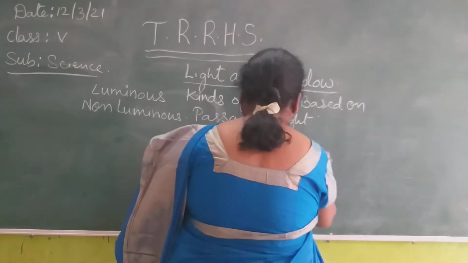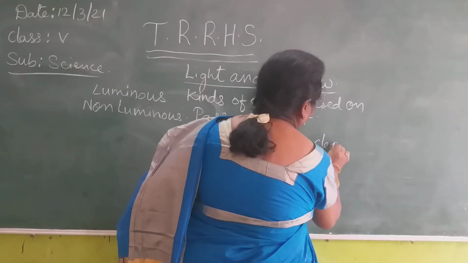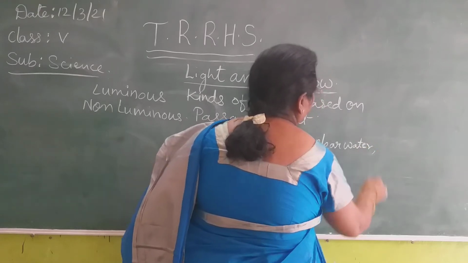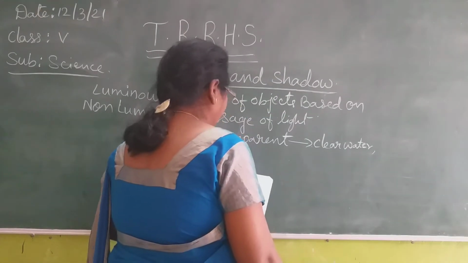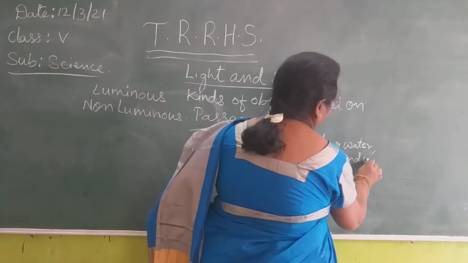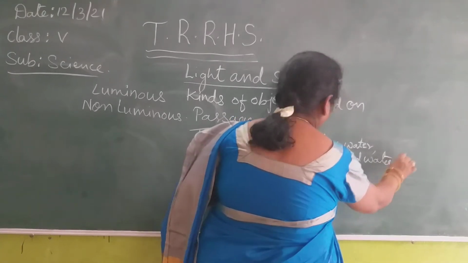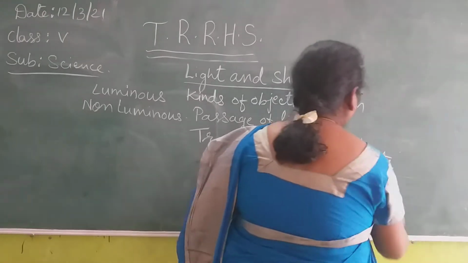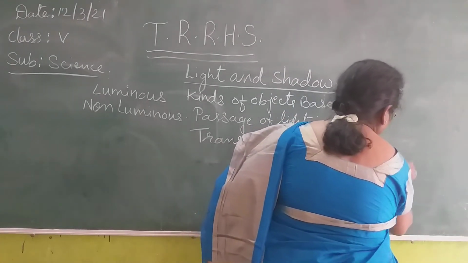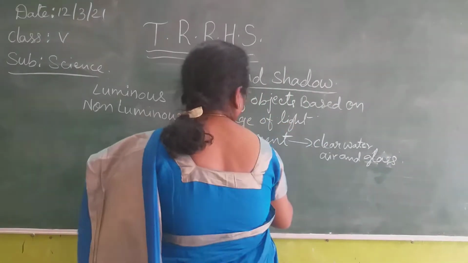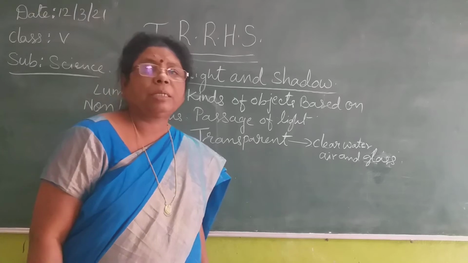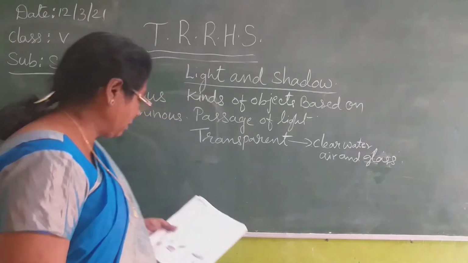Clear water, where you can even see your image, air, and glass. The light passes easily through these objects, so such objects are called transparent objects.